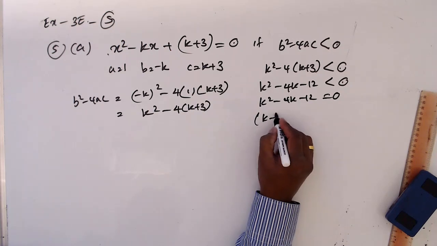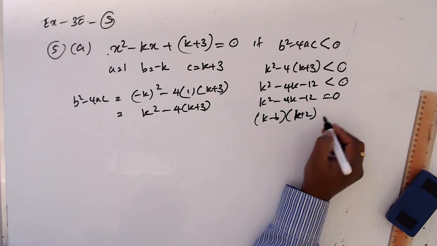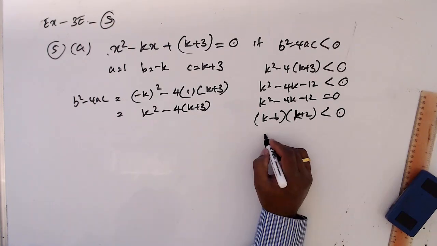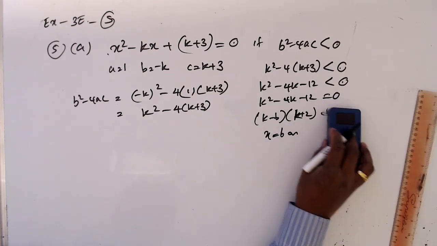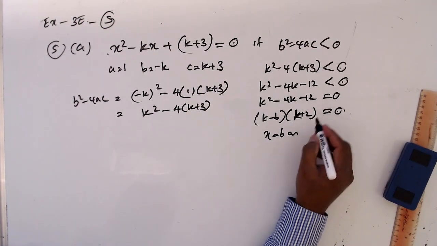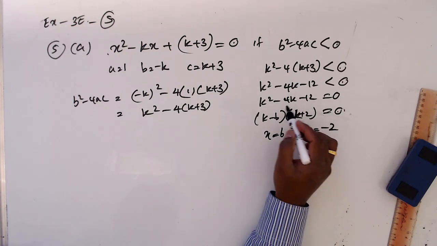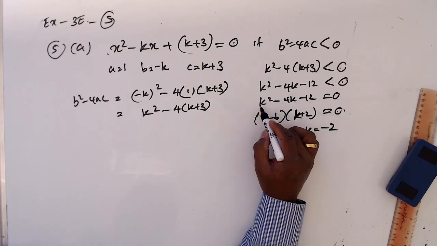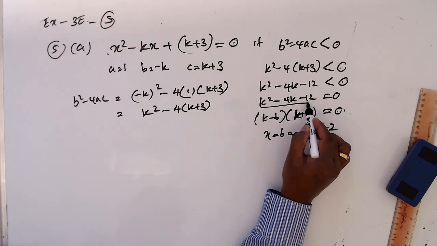That is k minus 6, k plus 2 less than 0. k equals 6 or k equal minus 2.